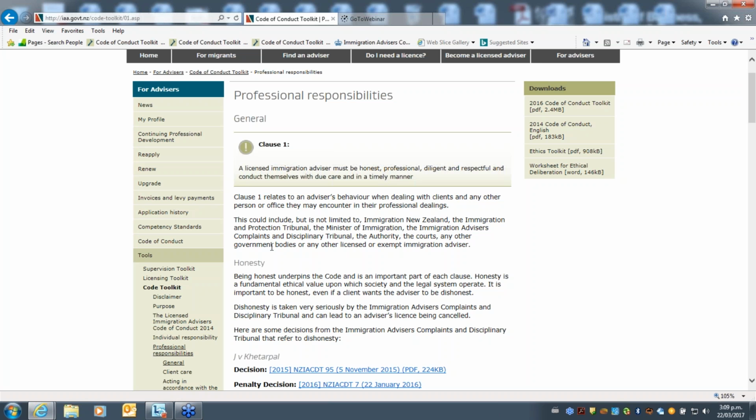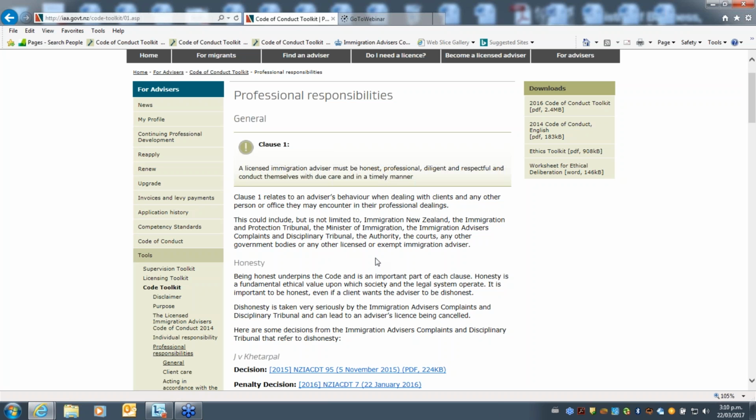So clause 1 covers how you deal with anybody. It is not limited to your clients, but of course it is how you must deal with your clients. It covers Immigration New Zealand, the Immigration and Protection Tribunal, the Minister of Immigration, the Immigration Complaints and Disciplinary Tribunal, the Authority, the courts, any other government departments, or any other licensed or exempt advisors.